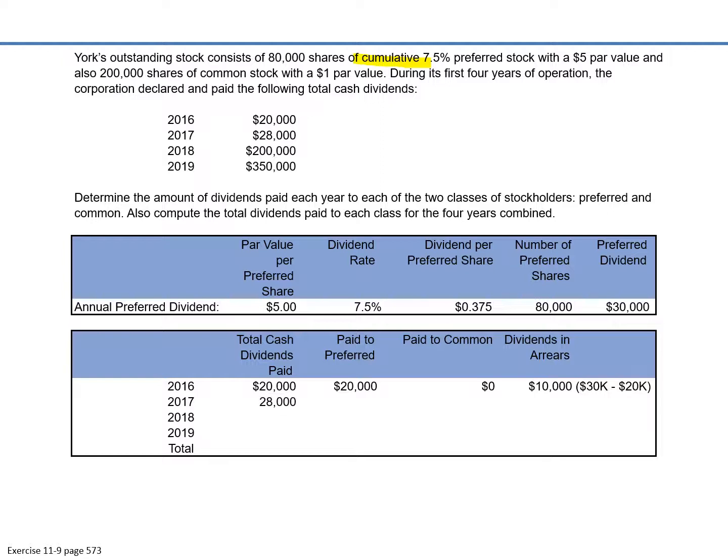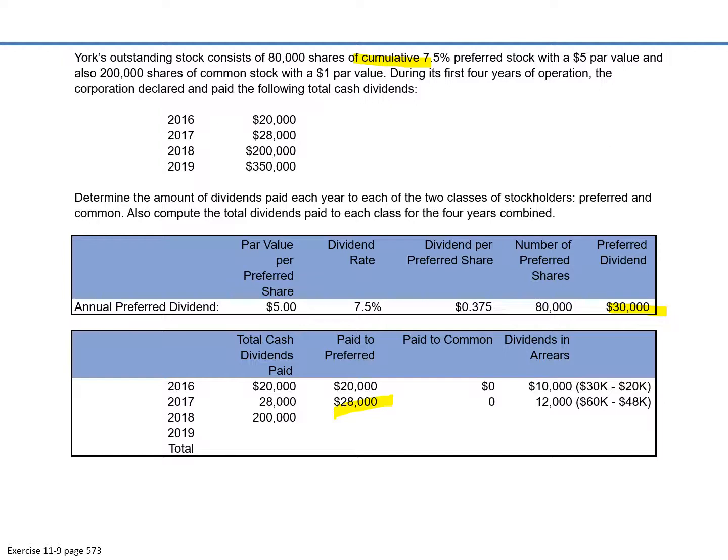In year 2, when we pay the 28, we're going to pay all 28 to our preferred, 0 to our common. Same exact thing would happen under non-cumulative. The difference here is that we've now got $12,000 of dividends in arrears in year 2. We have the 10 from 2016 plus an additional 2 because we paid them 28, but we owe them 30. So we now have $12,000 of dividends in arrears.